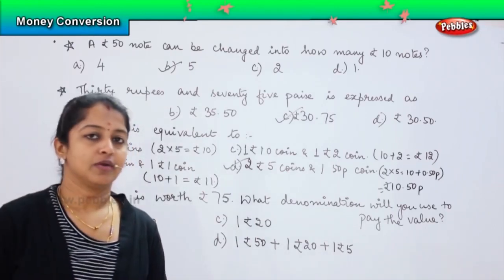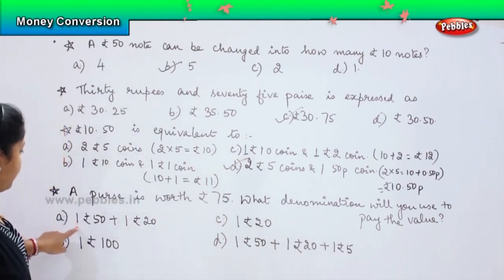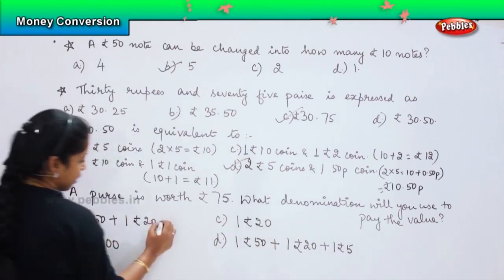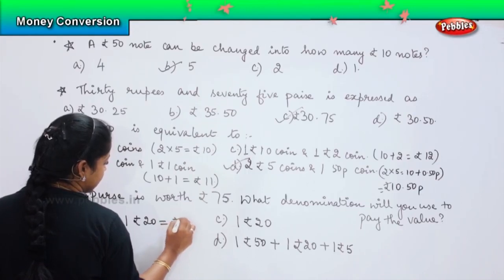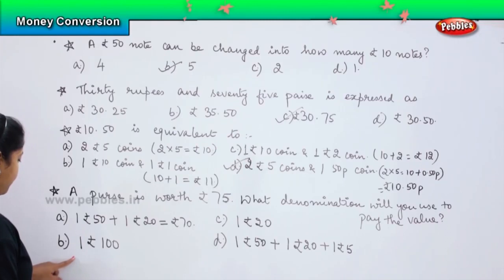Okay. So now tell me, how will you use the denomination? 50 rupee plus 20 rupee give me how much? 50 plus 20 is, I get only 70 rupee. So it will not solve my problem.